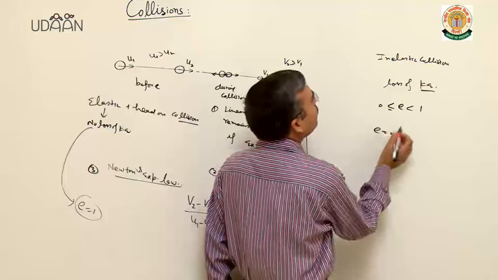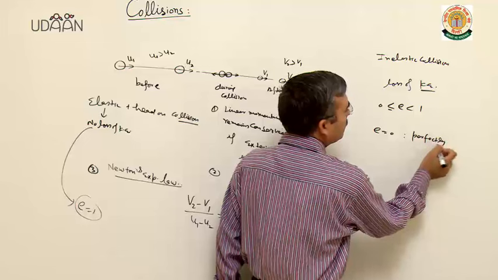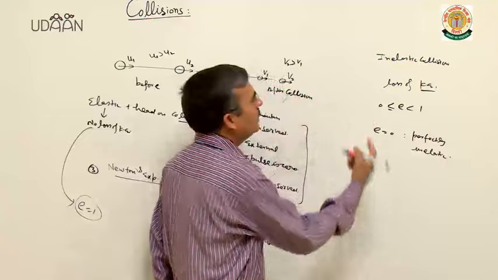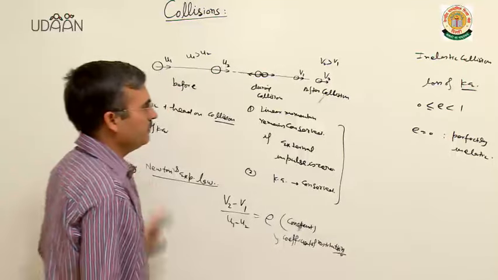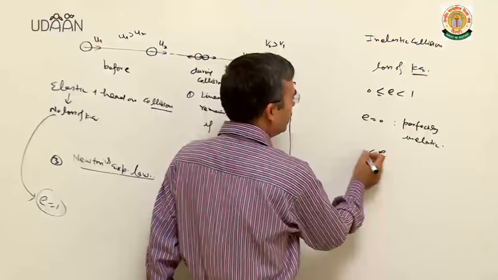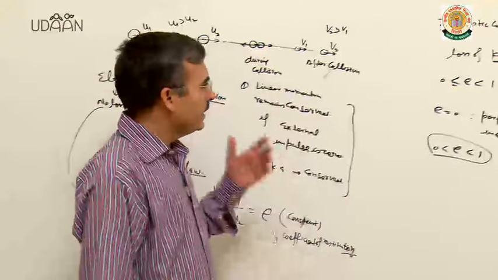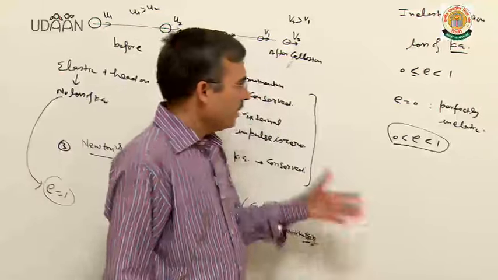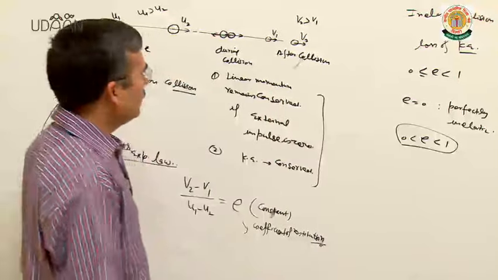When E equal to 0, that collision is perfectly inelastic. E equal to 1, it is perfectly elastic collision or elastic collision. If E lies between 0 and 1, that will be inelastic collision. In case of perfectly inelastic, E will be 0. Inelastic collision, E lies between 0 and 1. For elastic collision, E is 1. Clear?